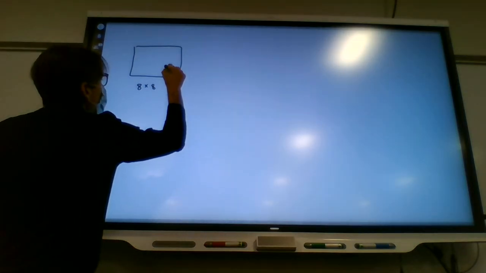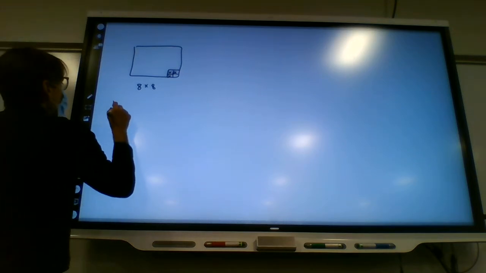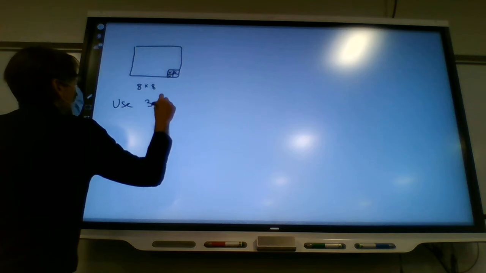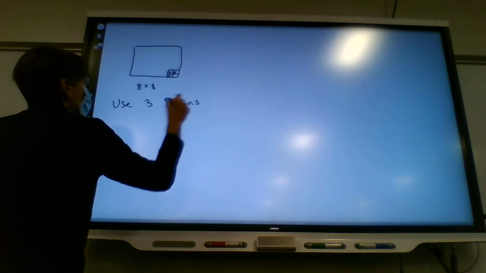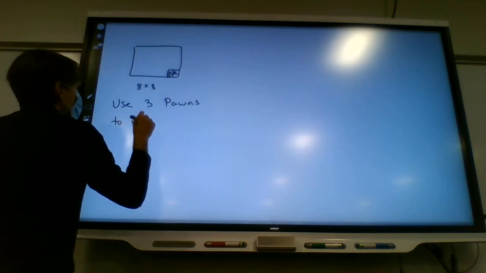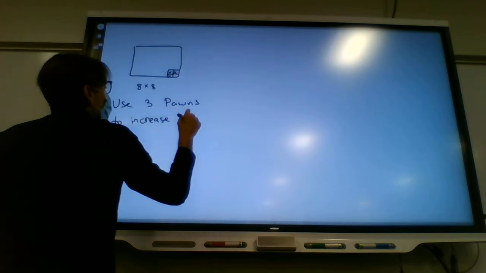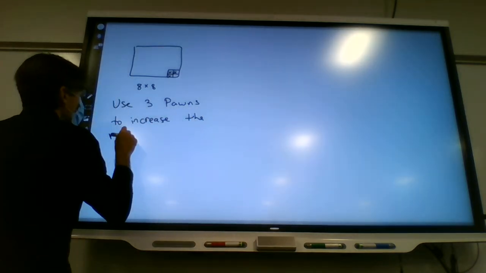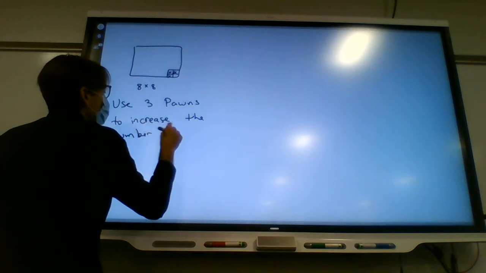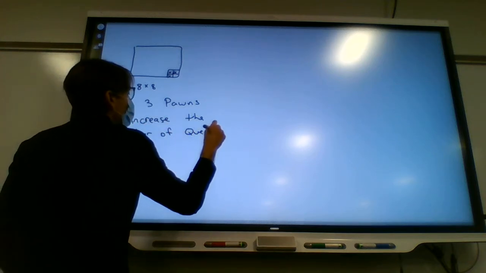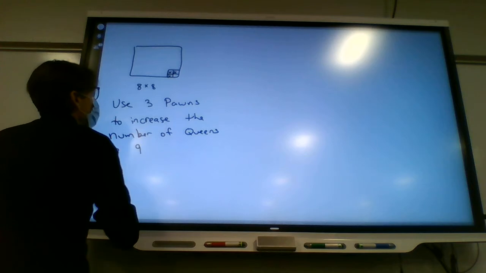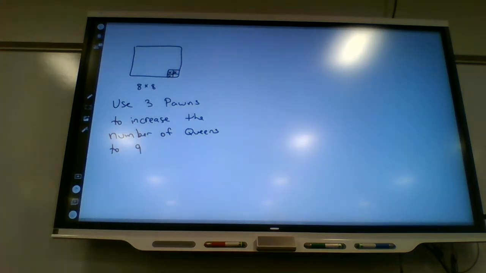What happens? We could put pawns in these 3 squares and be able to fit an extra queen on the board. Right? So we could use 3 pawns to increase the number of queens to 9.